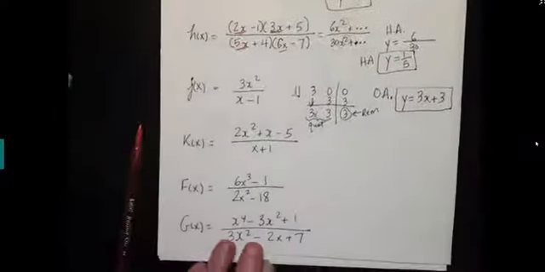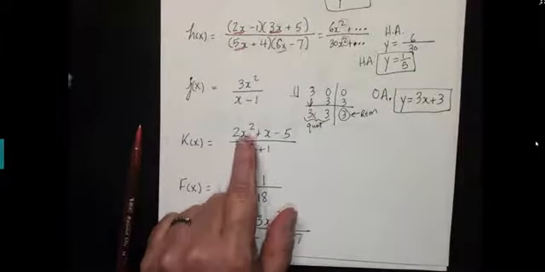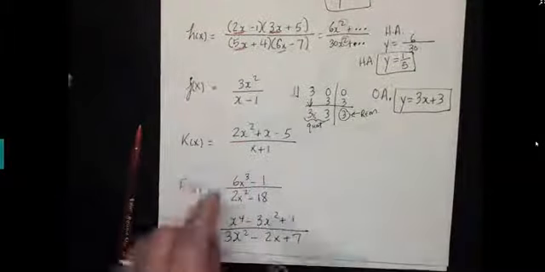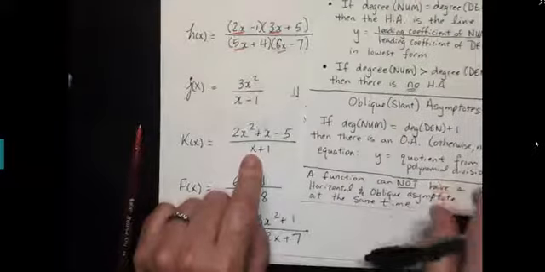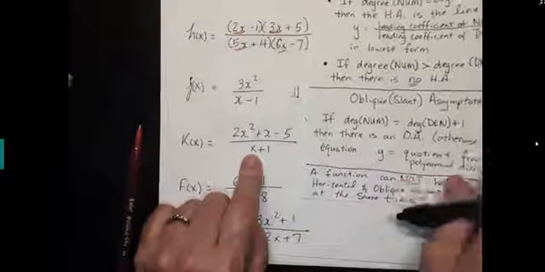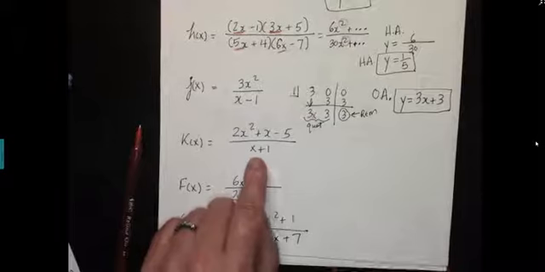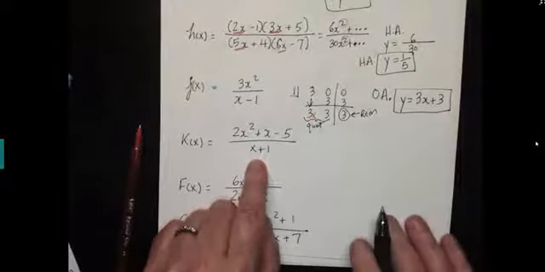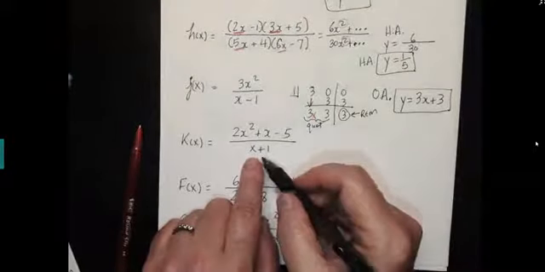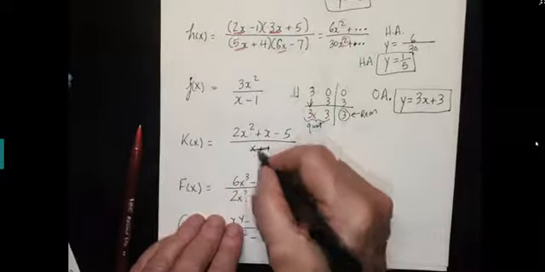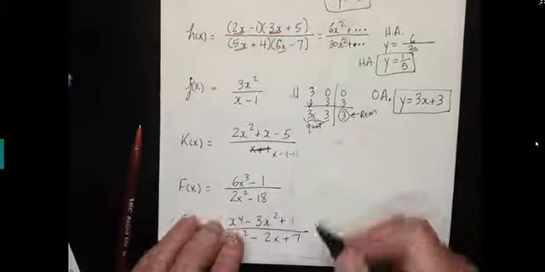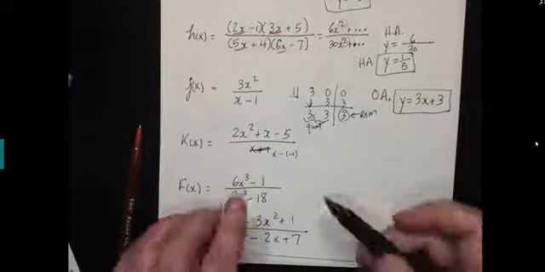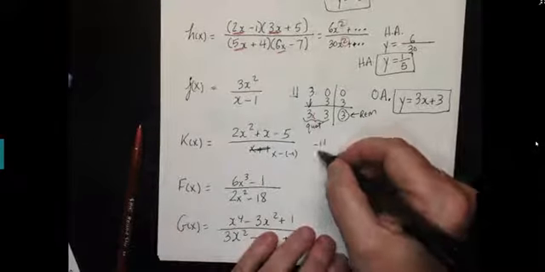Okay. What about this one? Well, again, the degree of the numerator is 1 more than the degree of the denominator. I will have a slant asymptote. And again, I can use synthetic division because this is x minus a number if I rewrite it as x minus -1. Okay, so it's x minus the number in the box.